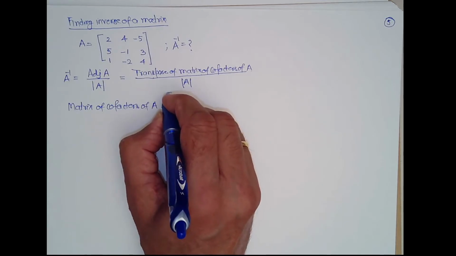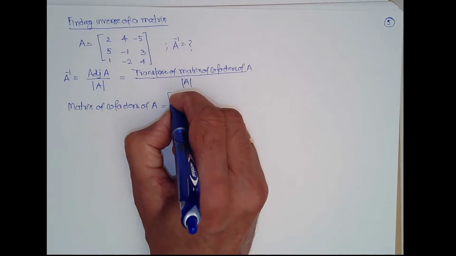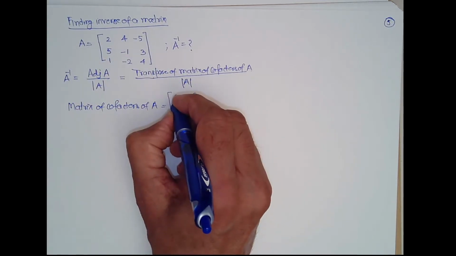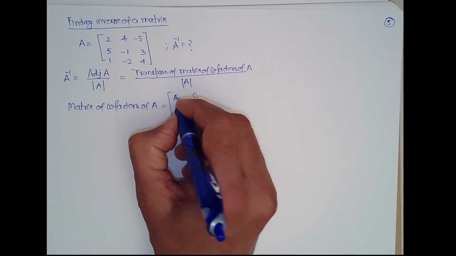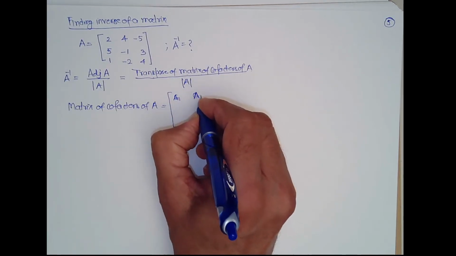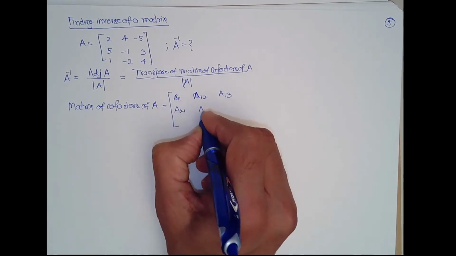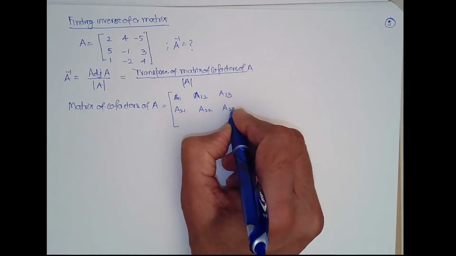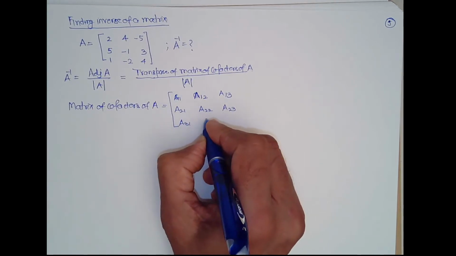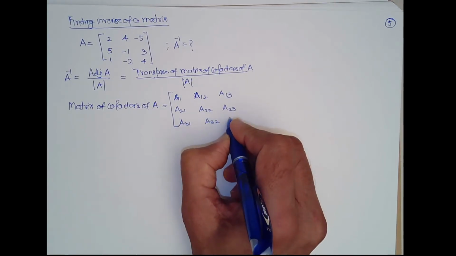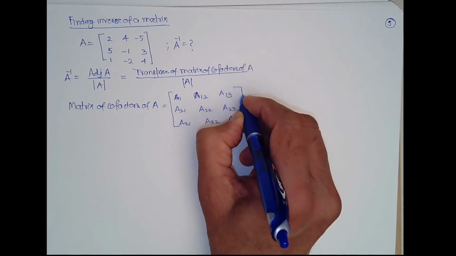I write it here: there will be elements A11, A12, A13, A21, A22, A23, A31, A32, A33. So what is A11?